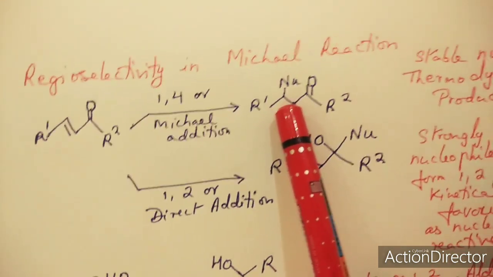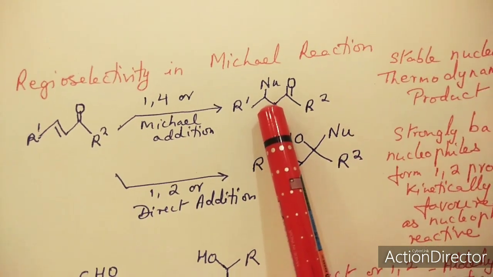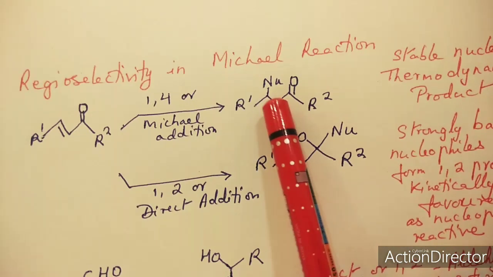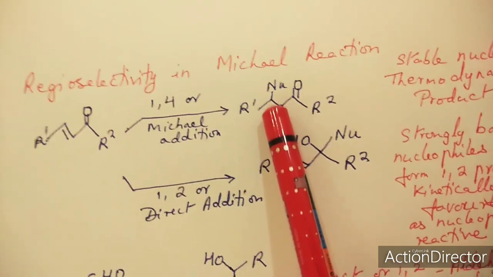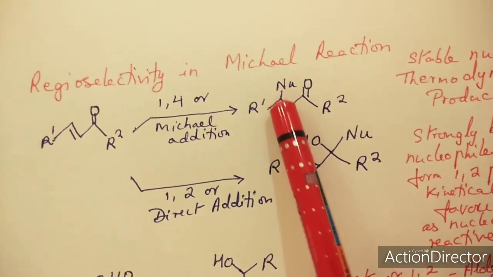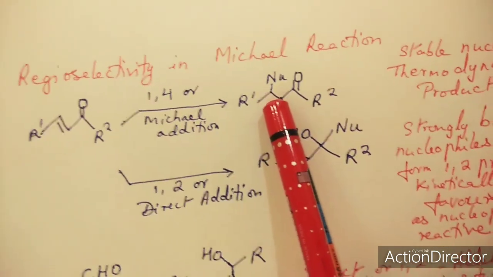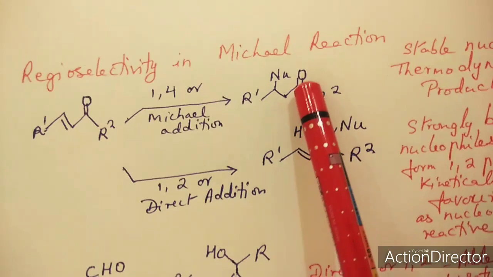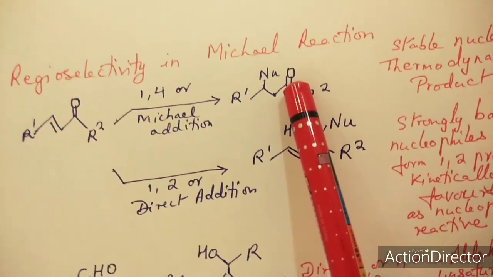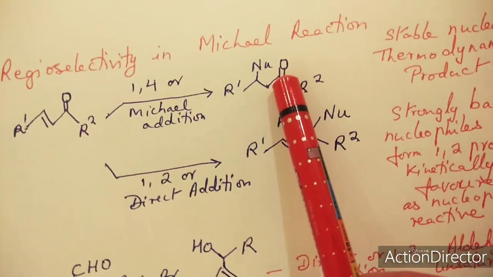So it is a weak nucleophile, and moreover it is a stable nucleophile. That is, being stable, it will attack the softer target, that is the carbon double bond carbon, to give us the thermodynamically stable product, so that this strong bond is retained. This is not destroyed. The carbon-carbon is destroyed, but this is not destroyed.